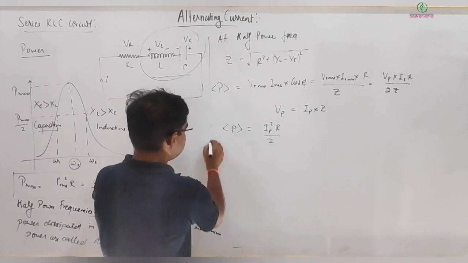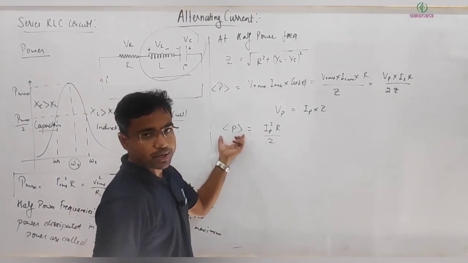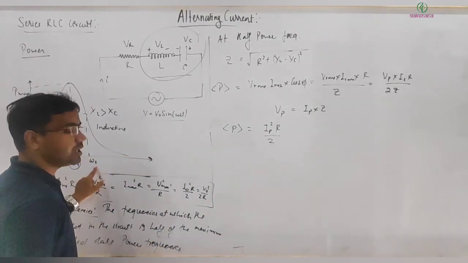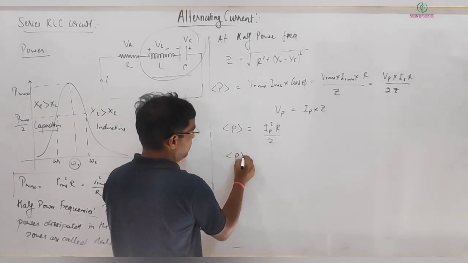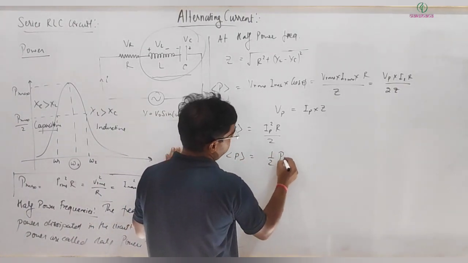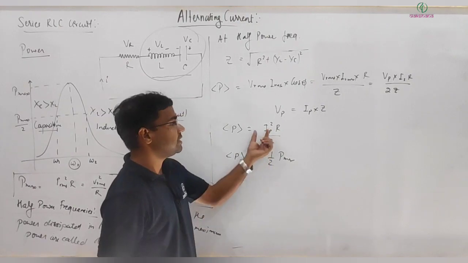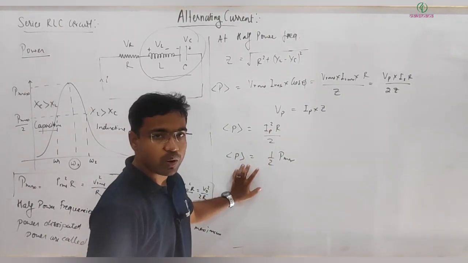Now the point is that this power at omega 1 and omega 2, is it? So this power P should be equal to half of P max. So let's get the peak value of the current at this power.